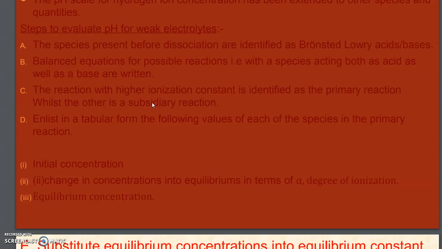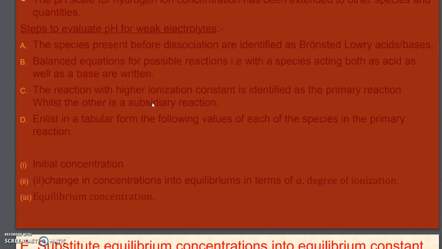So how can we calculate the pH? The species present before dissociation are identified as Bronsted-Lowry acids or bases. These are all things we have studied. Balanced equations for possible reactions are written, including species acting as both acid and base. Then the reaction with the higher ionization constant is identified as the primary reaction.